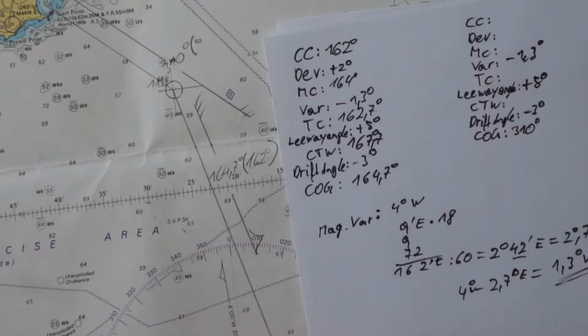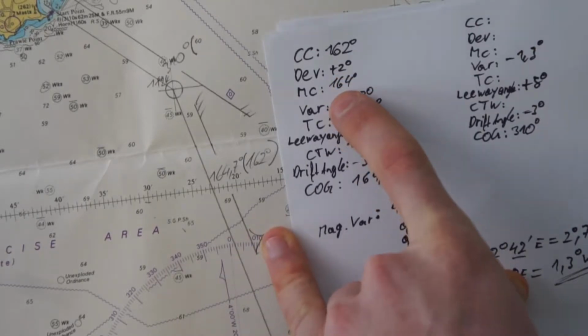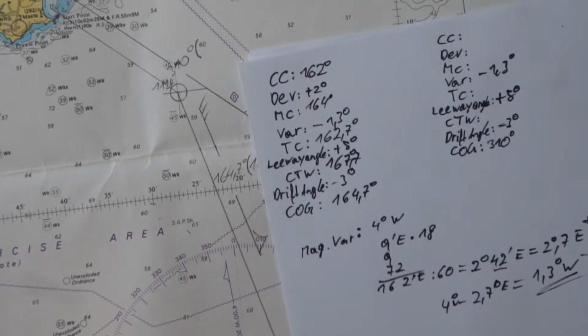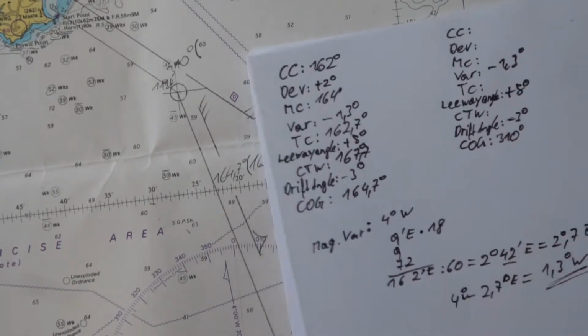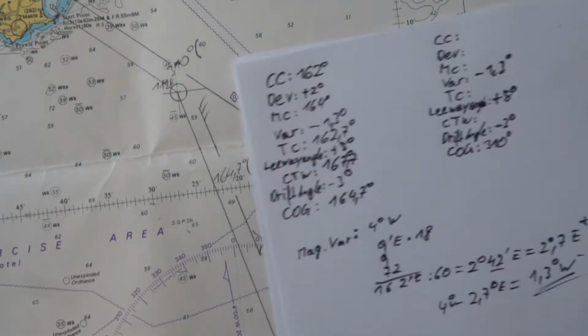And now, that's important, the deviation will not be the same. The deviation changes upon which course you are steering. So you have to look now inside your deviation table with your magnetic course, which we will calculate, and then you can get out of the table the magnetic deviation. So let's start from the bottom.